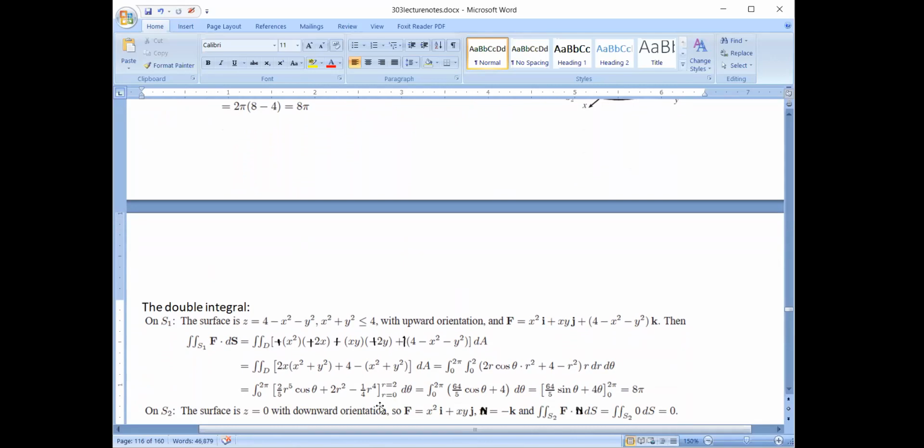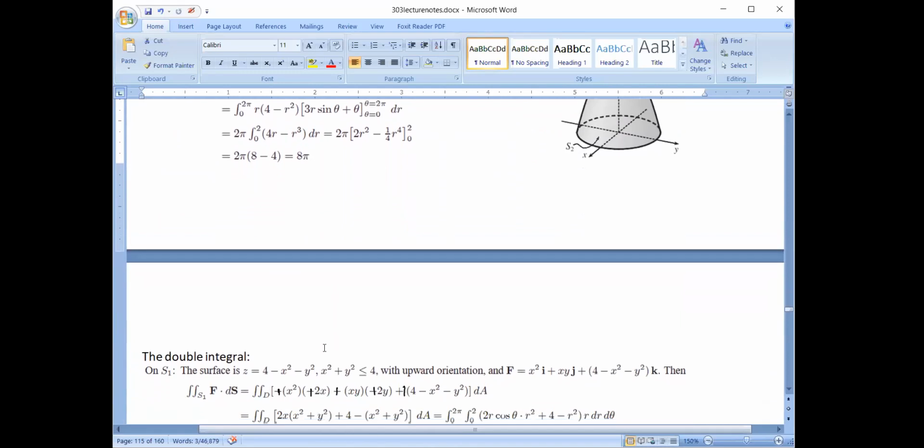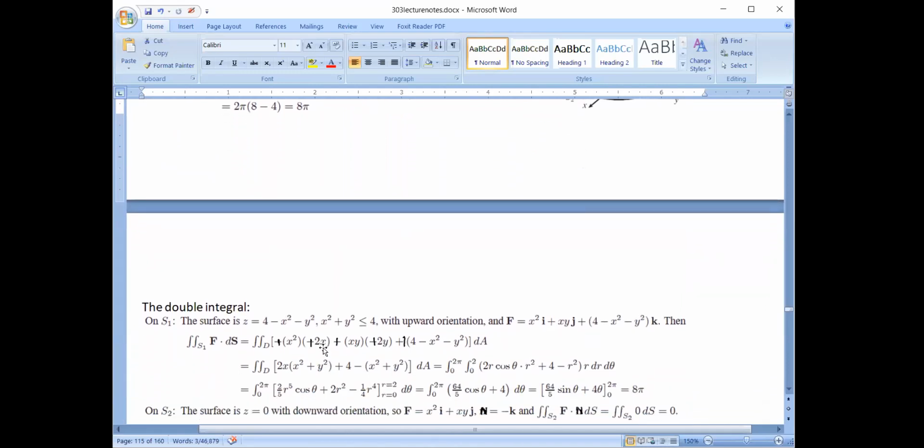But now, take the dot product with f, and recall that f was this formula right here, but we're in the space where z equals 0. So you get x squared comma y squared comma 0. Take the dot product of that with 0, 0, negative 1, and you just get 0 plus 0 plus 0. So you actually wind up with the double integral over the surface of 0 ds, and of course that's just 0.